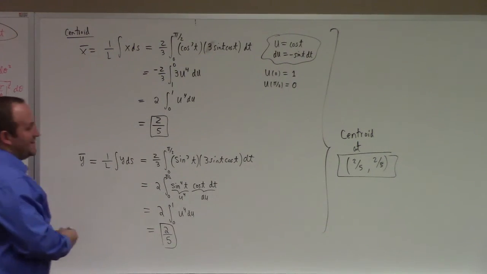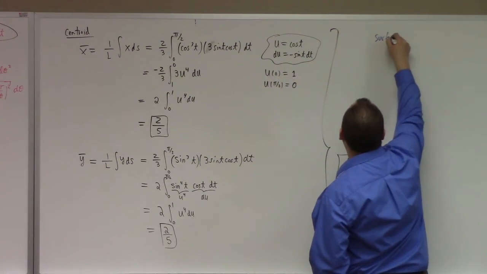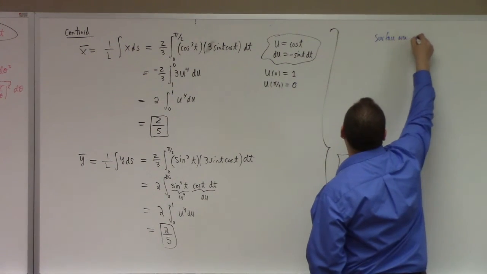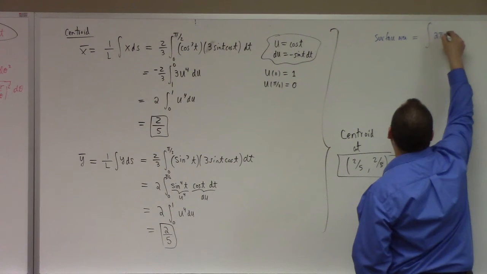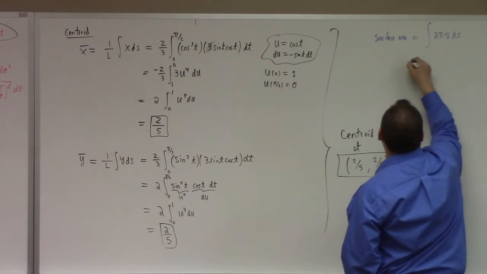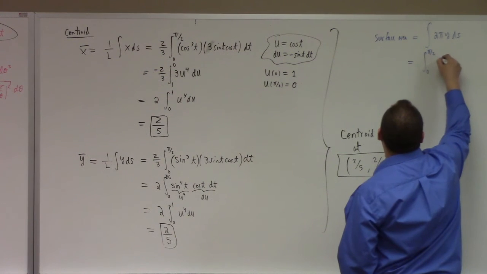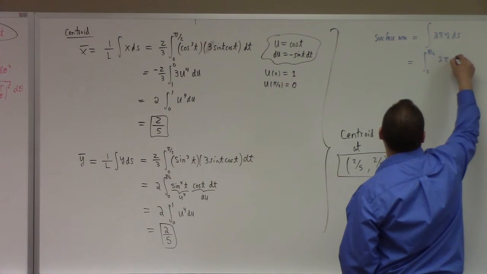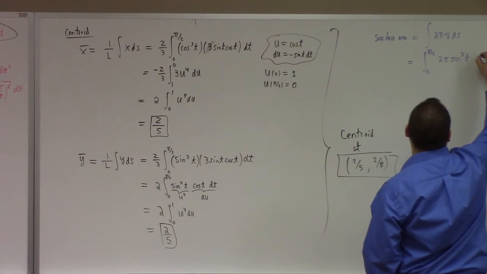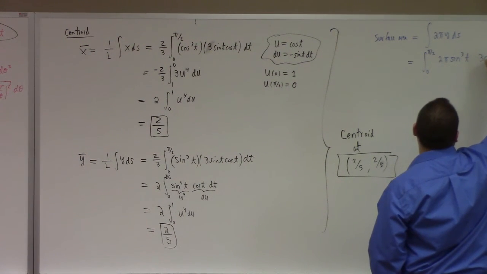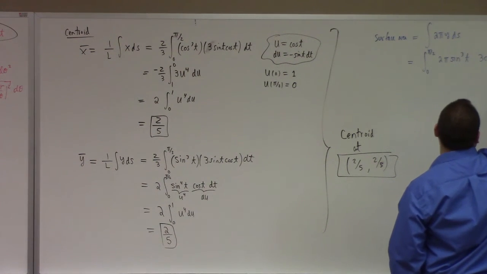Okay, then the surface area. Again, integral over the curve of 2 pi y ds. And that's the integral from 0 to pi over 2 of 2 pi sine cubed, and then we've got ourselves a 3 cosine t sine t dt. That's our ds, right?